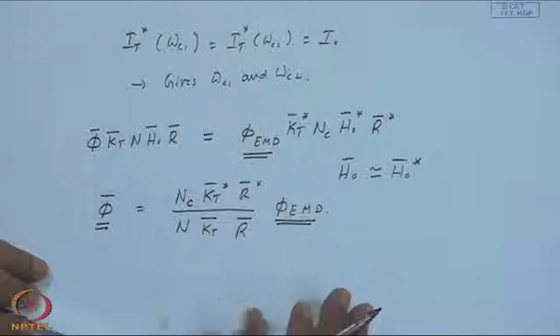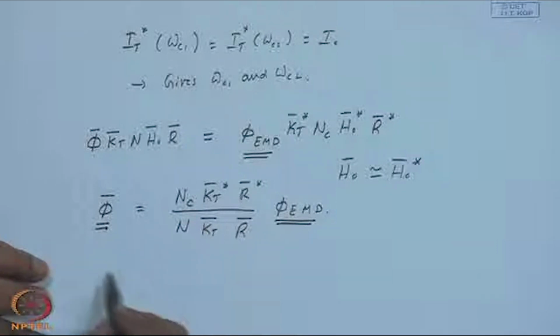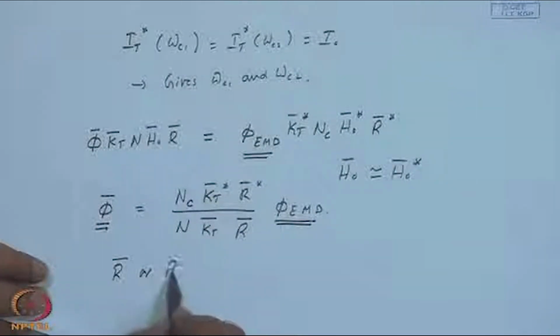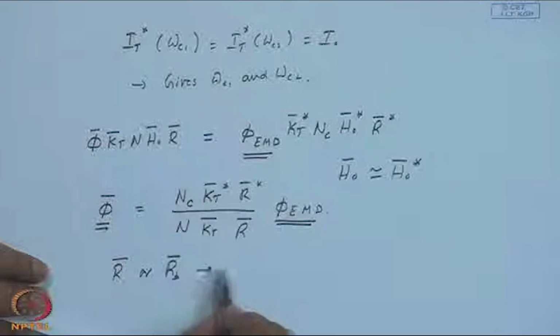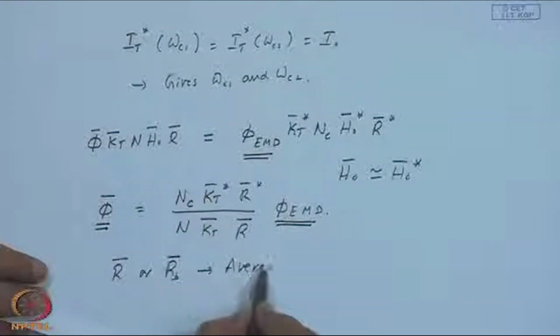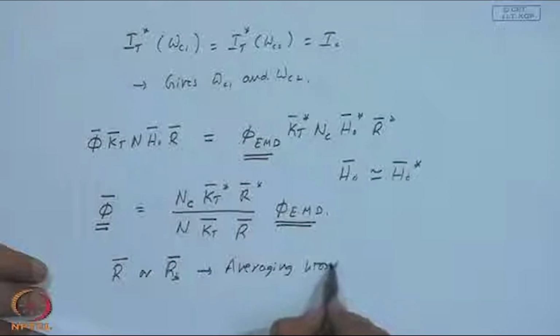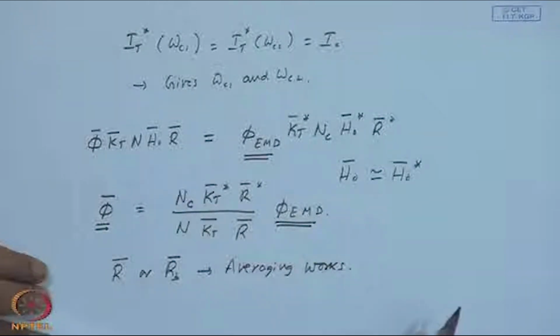So, basically the analogy, if you recall from your R bar or R b bar, there the averaging works mainly because when you are calculating the tilted solar radiation, each day is contributing.